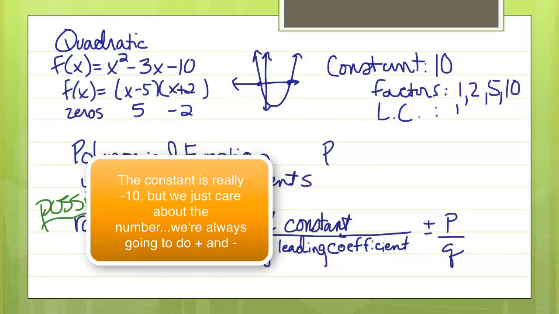So our possible zeros of that function would be positive and negative.